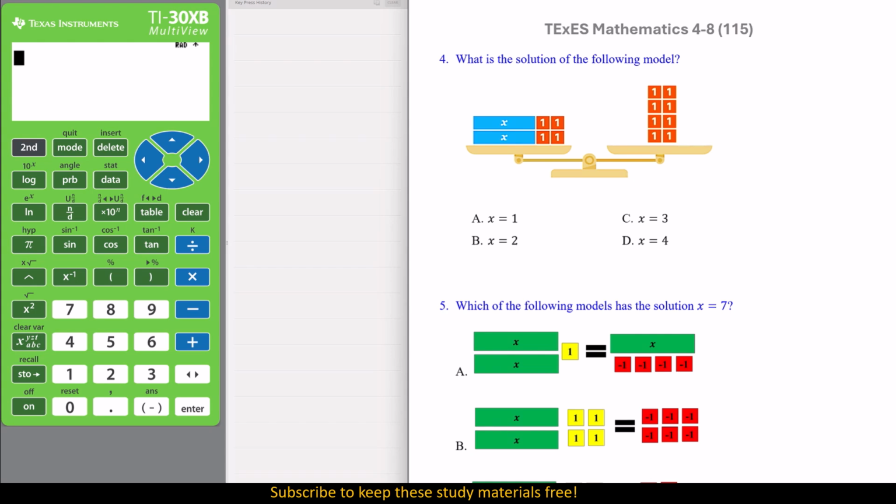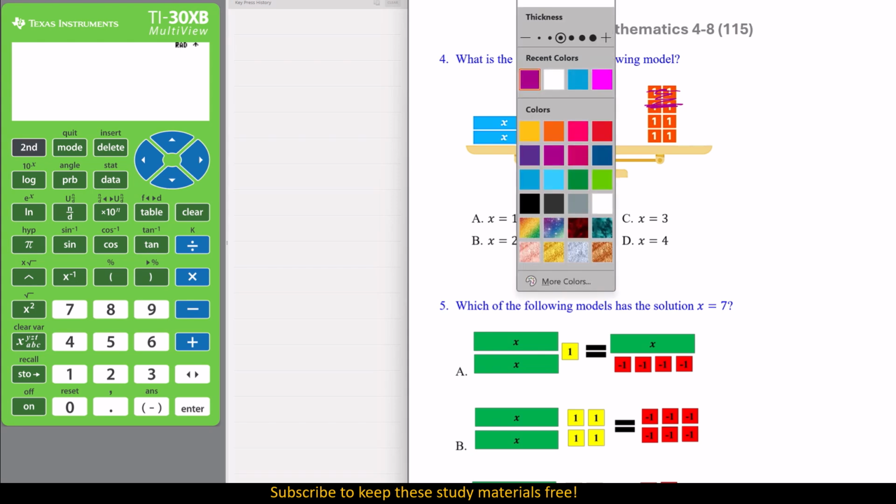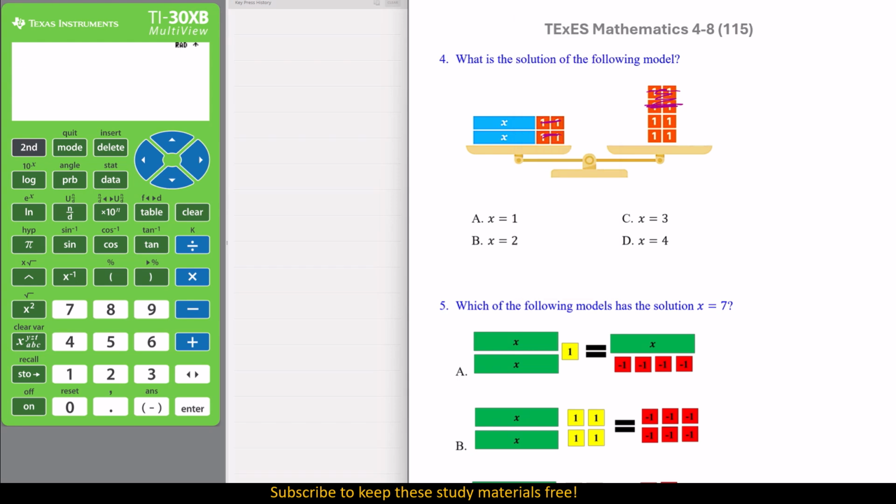So I know that I can mark out 4 on this side, on the left side. And you know what? Here, let me erase this. Okay, then I will mark out the top 4. Okay, those are all gone. And actually, if I use the white, let's see what happens.